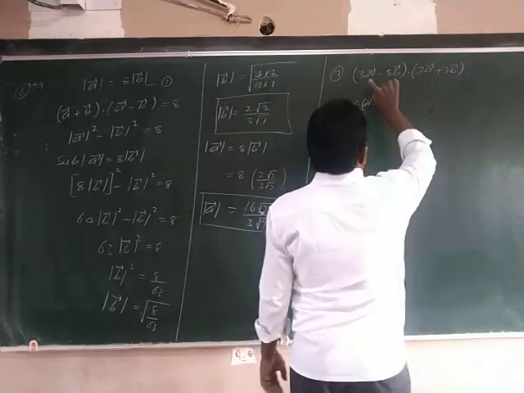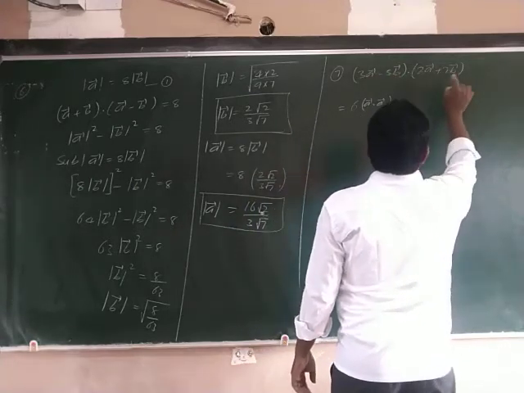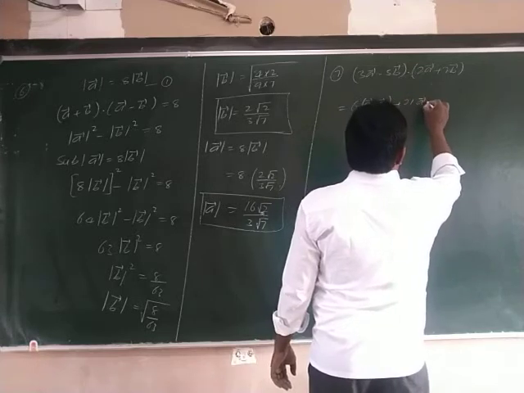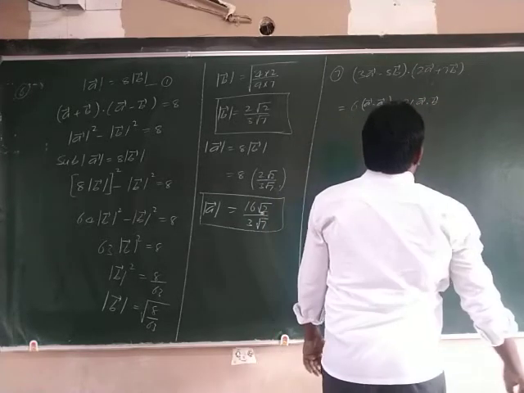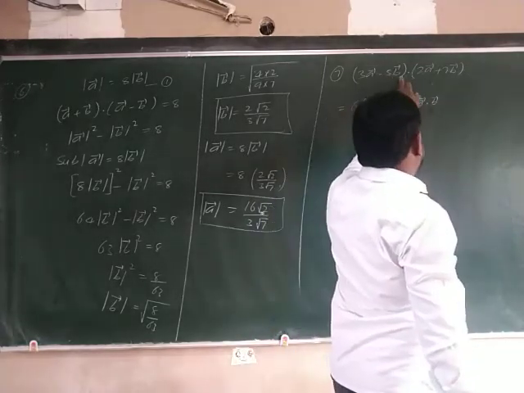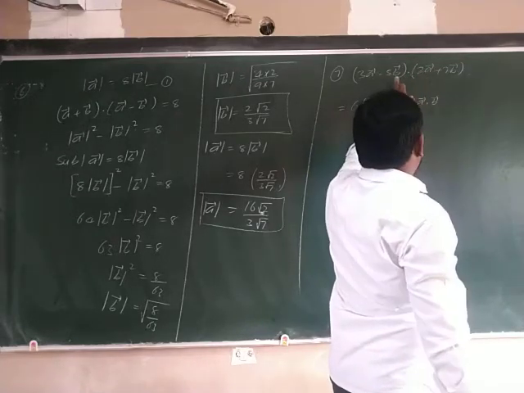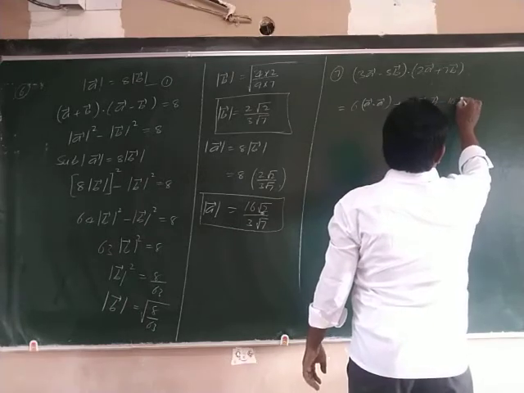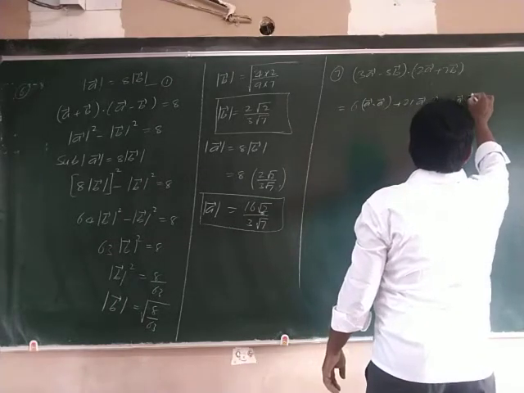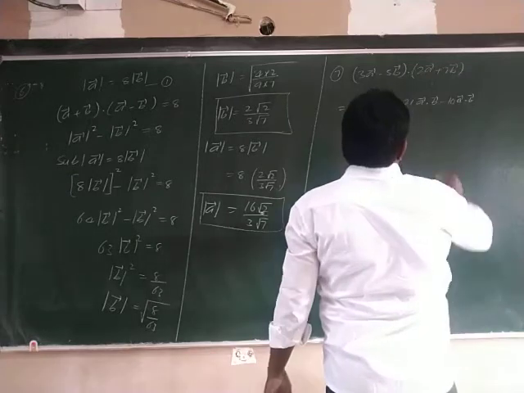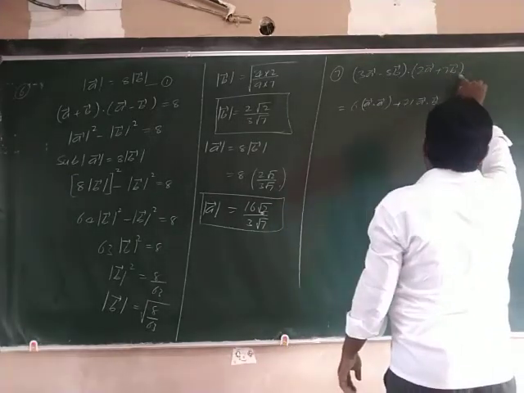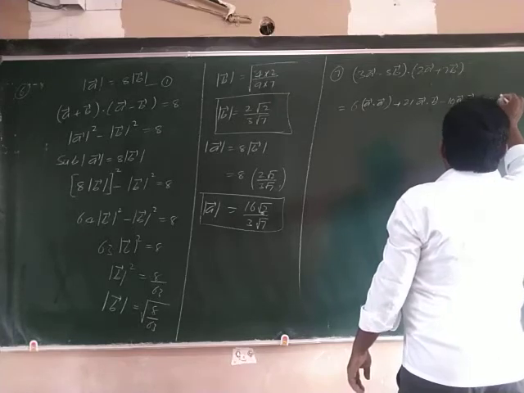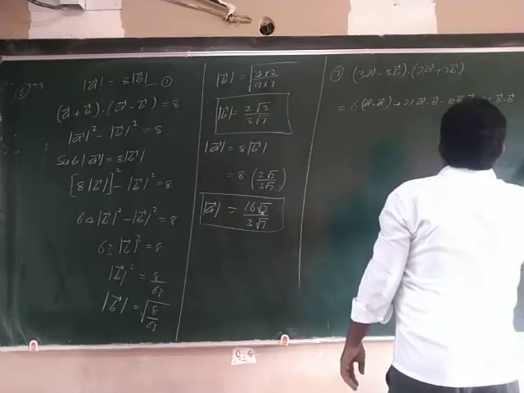Next, 3 vector A into 7 vector B. So this is equal to 7 threes are 21 into vector A dot vector B, minus 5 vector B dot 2 vector A. So minus 5 into 2, 10, so minus 10 into vector A dot vector B. Next, minus 5 vector B into 7 vector B, that is minus 35 vector B dot vector B.